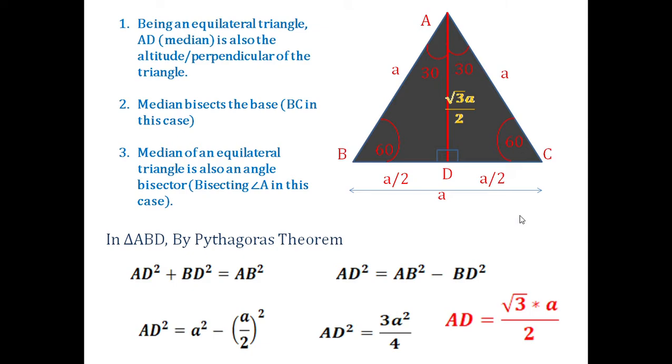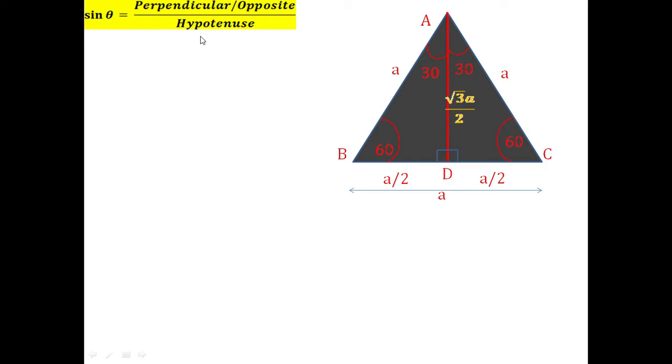Now let us find out these standard angles one by one. So first of all, let us consider sine theta for this triangle. So this angle ABD, which is 60 degree, we can write sine of angle ABD is equal to, since it is opposite by hypotenuse, AD by AB, and ABD means 60 degree and AD means root 3a by 2, and AB is a unit.